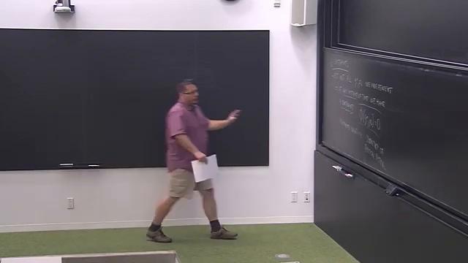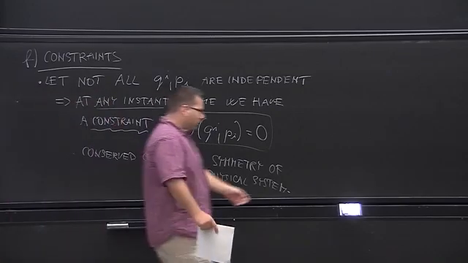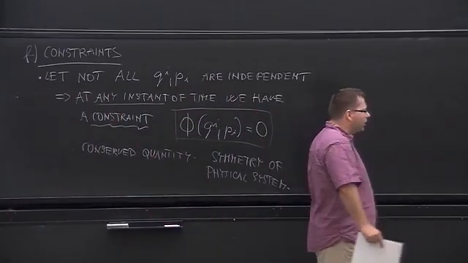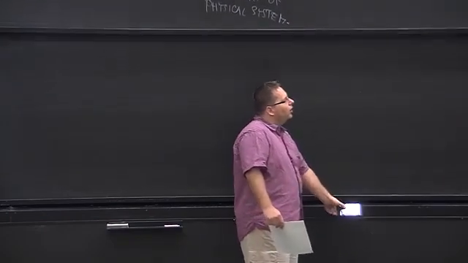All right, so this is basically the general thing. So if you have a constraint, that means you can sort of treat it as having a symmetry. And if I have a symmetry, I also have the corresponding conserved quantity.